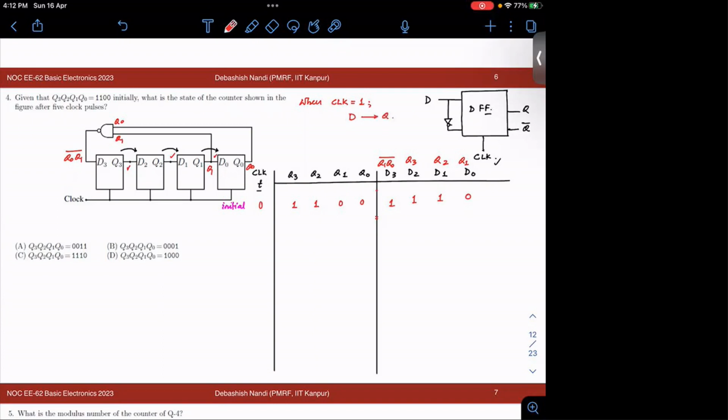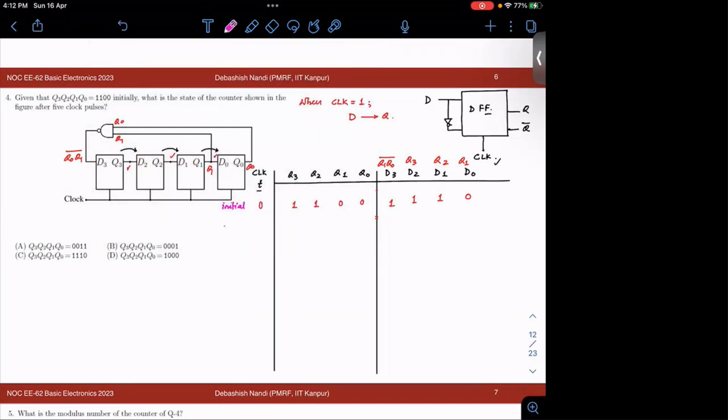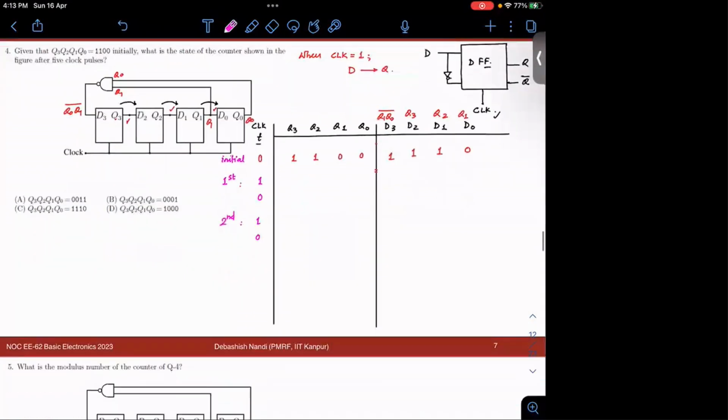But whenever the clock is not high, your D can as well be computed. Fine. So this is your initial. Now let me take the first clock pulse and I will consider 1 and 0. Fine. Then I will have the second clock pulse. Okay. Let me add another page.